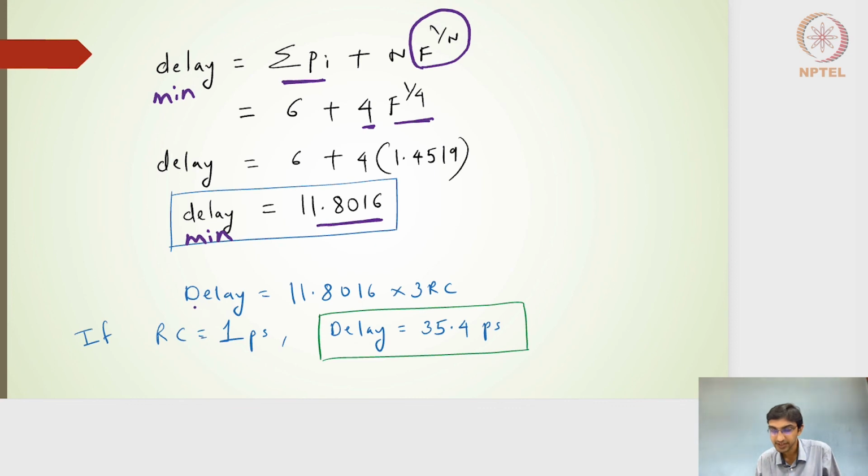The absolute value of the delay is multiplied by 3 RC, and if RC is 1 picosecond, I will get an overall delay of 35.4 picoseconds. Hope this is clear to everyone.